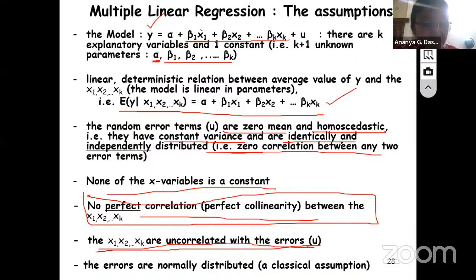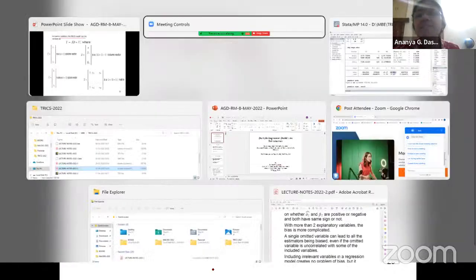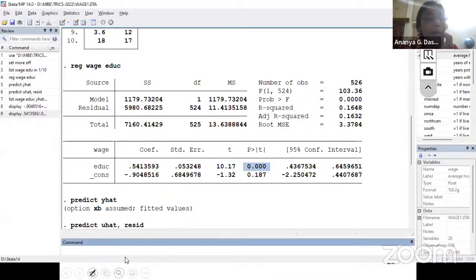Now, why is this so important? Why this is so important has to be understood by looking at the following thing: we can actually write our multiple linear regression model in matrix notation. All that involves is the following.